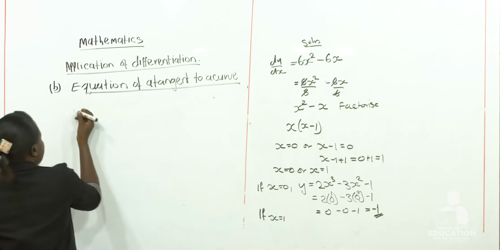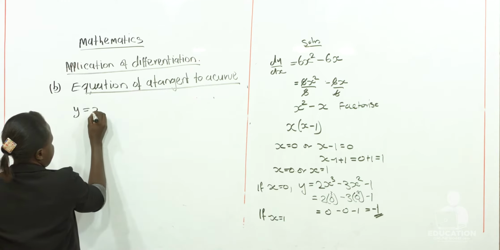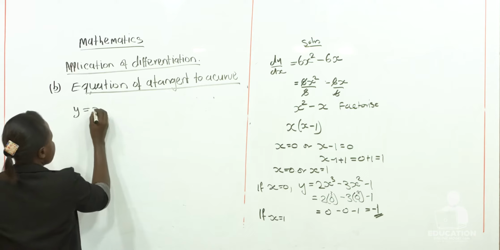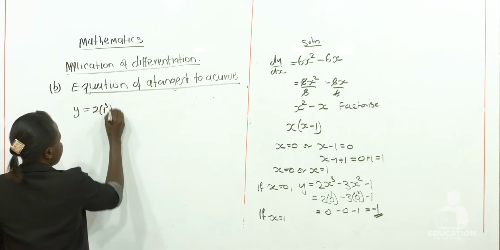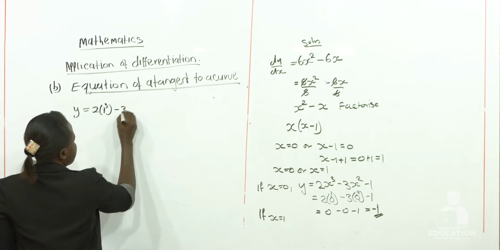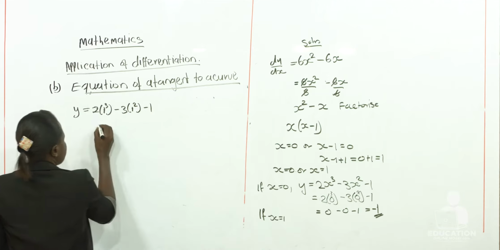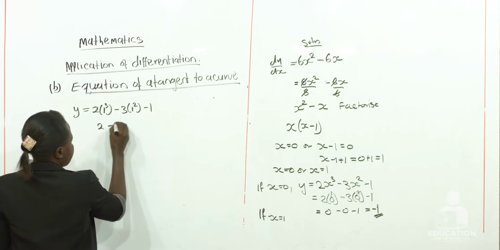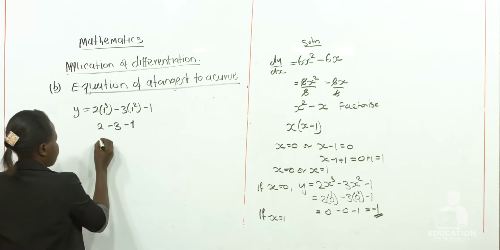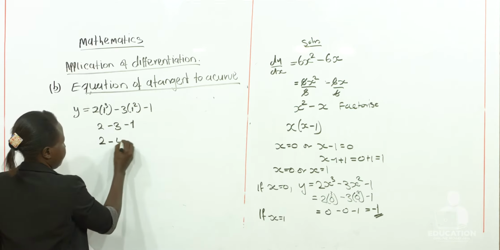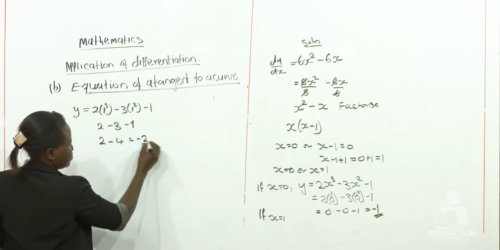So we say y, which is given as 2x cubed minus 3x squared minus 1, will now be 2 into 1 cubed minus 3 into 1 squared minus 1. So this will give us 2 minus 3 minus 1. So we get 2 minus 4. So our answer here will give us negative 2.